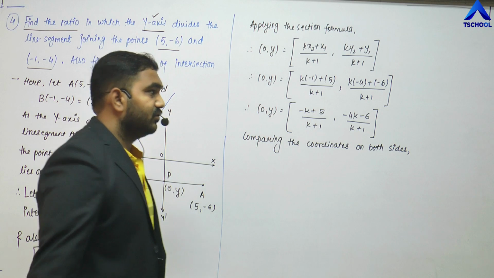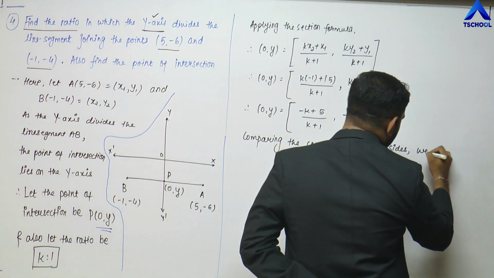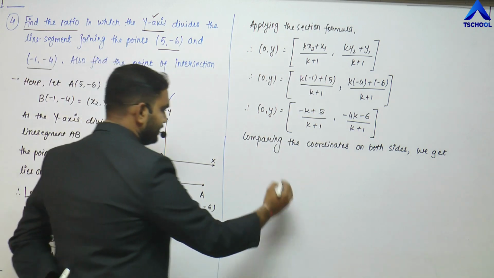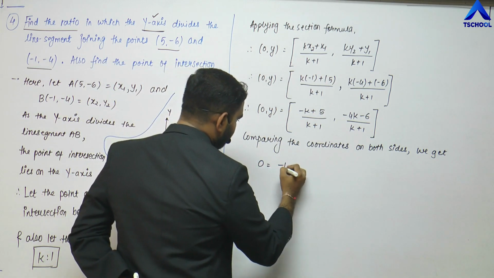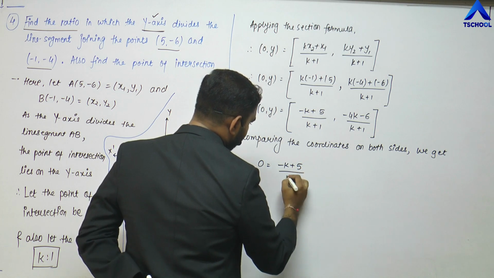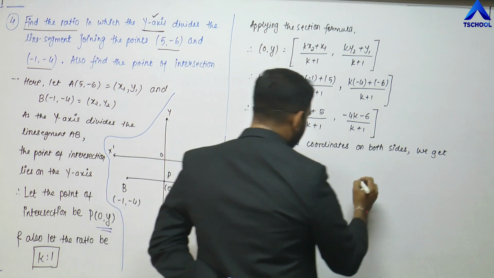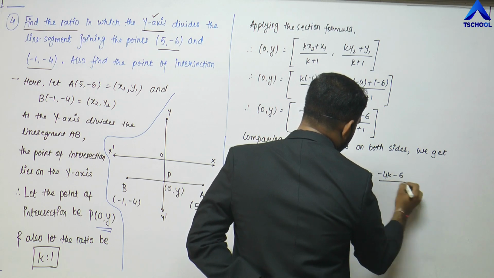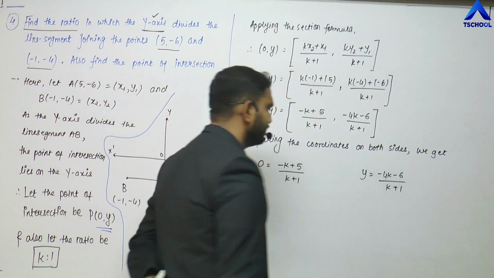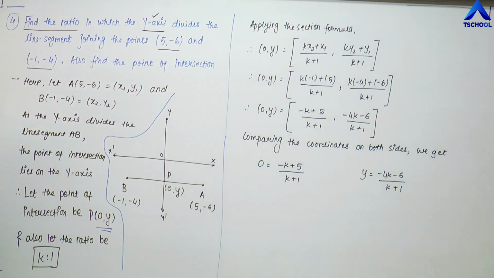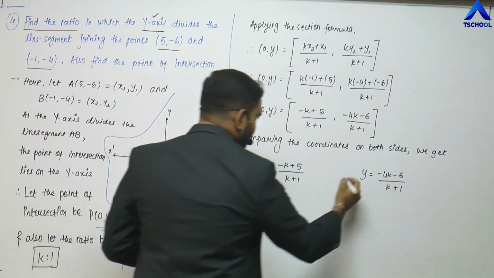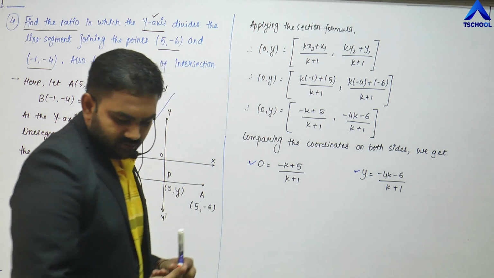Comparing the coordinates on both sides, let us see what we get: 0 equals (minus k plus 5) upon (k plus 1) and y equals (minus 4k minus 6) upon (k plus 1). So friends, see, we get these two equations. This is our x coordinate on both sides and this is our y coordinate on both sides.